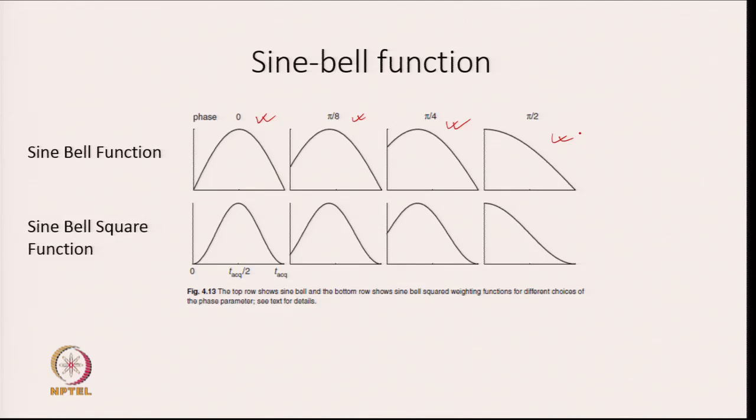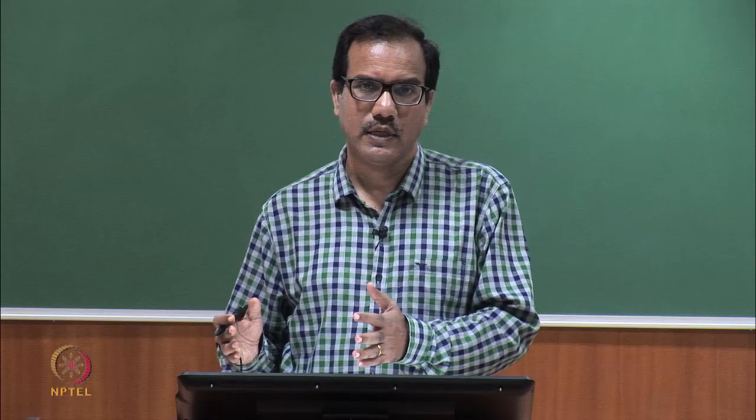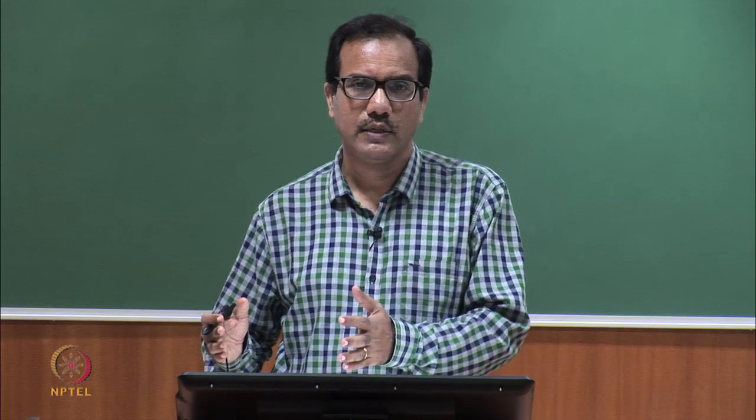Again, this can be applied keeping our use in mind. For example, this kind of function, the 90 degree phase shifted sine Bell function, is needed when we want higher intensity, higher signal to noise ratio, whereas this kind of function will be used if we want both signal to noise and resolution optimum.